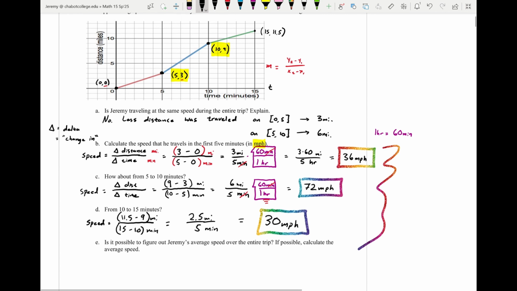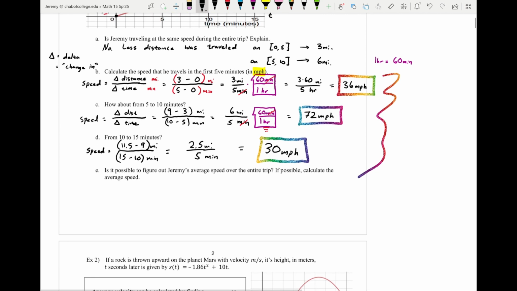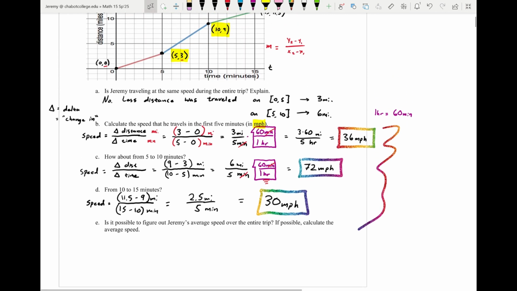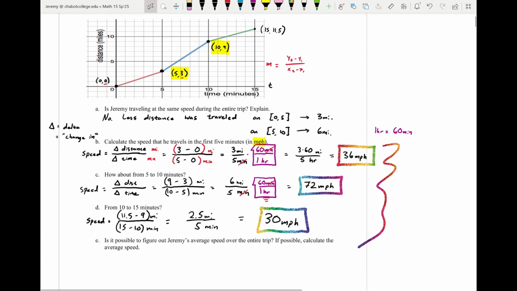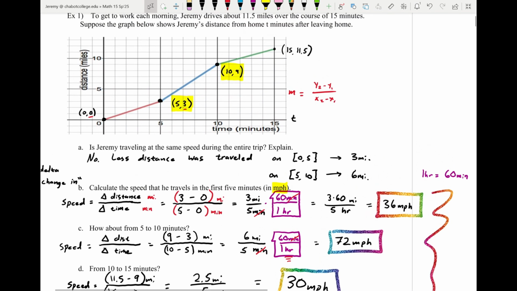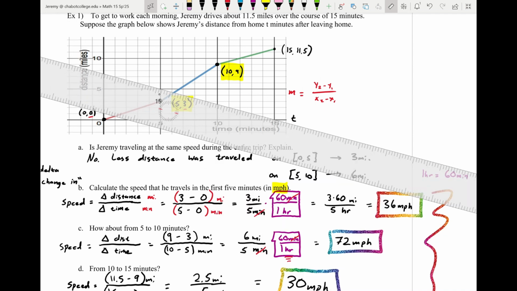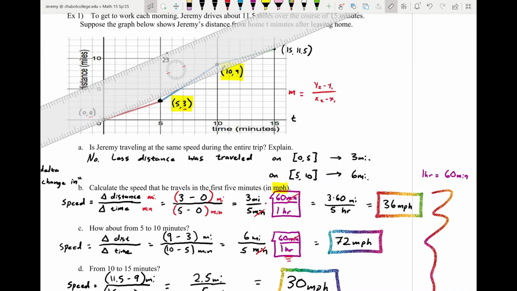But the good news is that it isn't too hard to find the average rate of change over the entire trip. We just need to calculate one more slope, the slope of the line that goes from the first ordered pair, 0, 0, to the last ordered pair at 15, 11.5. So really, we are finding the slope of this line.